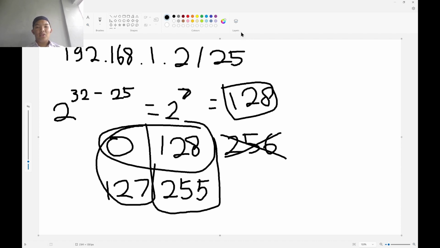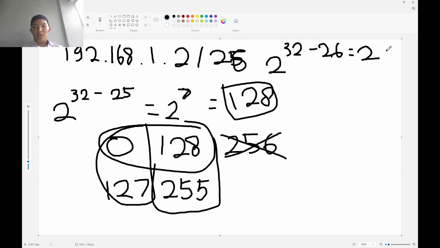So if the prefix is 26, you just repeat: 2 to the power of 32 minus prefix, 32 minus 26 means 2 to the power of 6, which means 64. And then for the groups, you just repeat it.